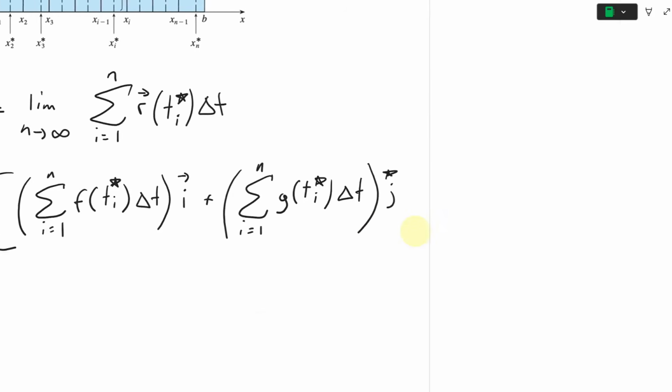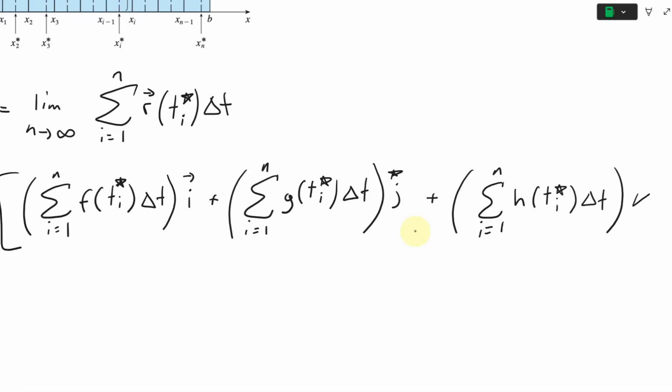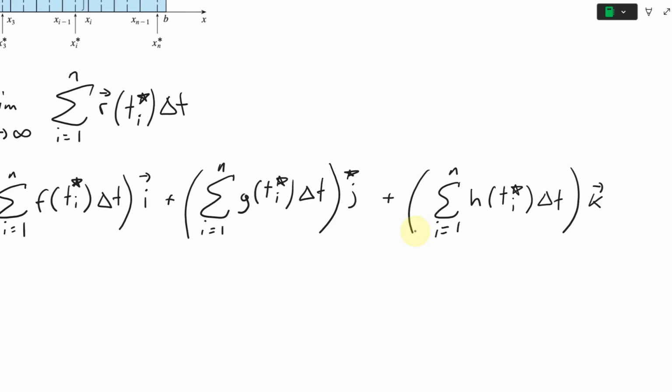The next one's, so I mean f, g, h, so the next one would be h like that. i equals 1, and then h of ti star like this, and then delta t, and then this is going to be k. This is the k or the z unit vector.